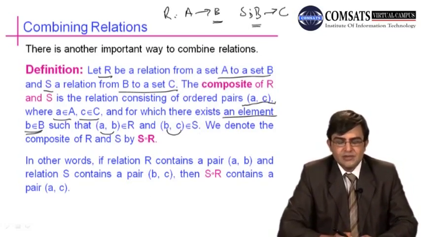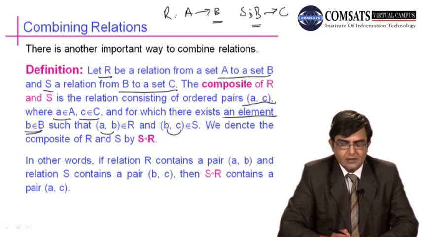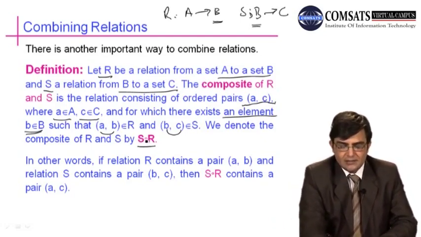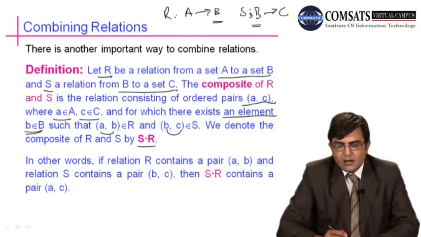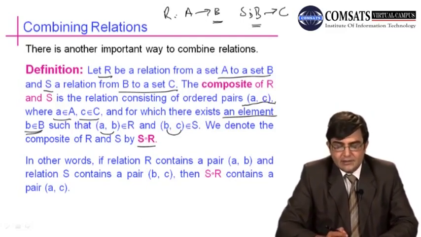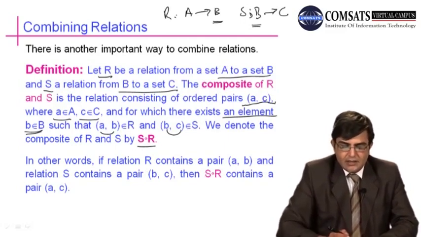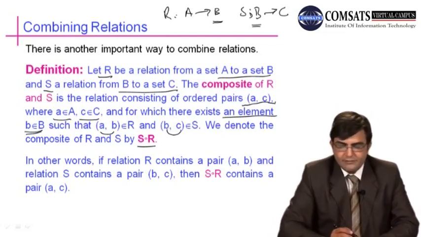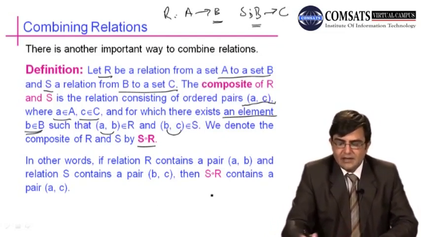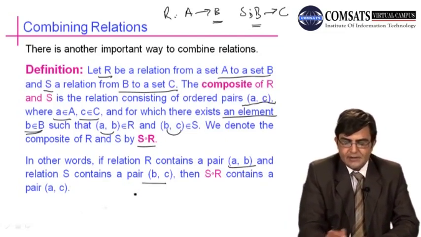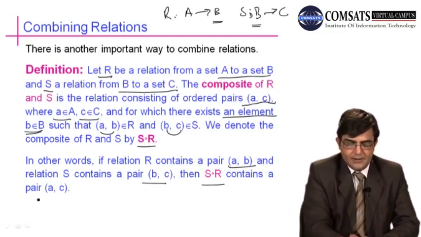We denote the composition of the relations R and S by S with a small circle and R, and we read it as the composition of S and R, or S composition R. In other words, if relation R contains a pair (a, b) and relation S contains a pair (b, c), then S∘R contains a pair (a, c).